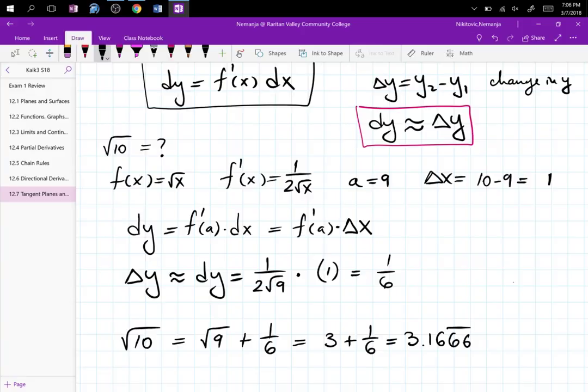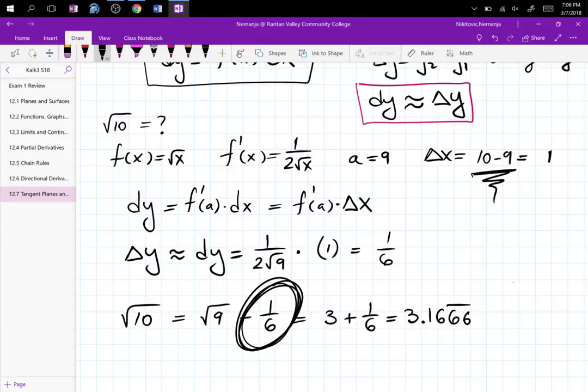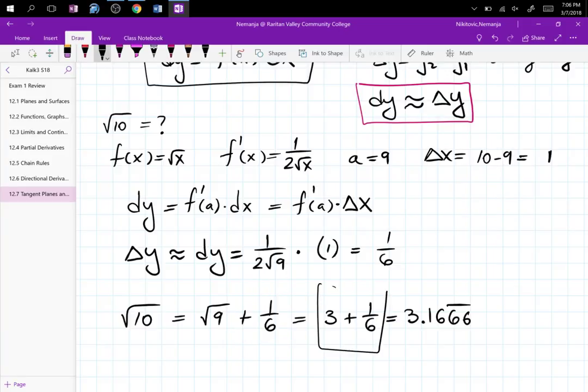and we get the 3.1666 we had before. So what we did is we approximated the change when you go from one value to another, and then we added that to the value that we can compute, to get an approximation for the one that we can't compute without the calculator.